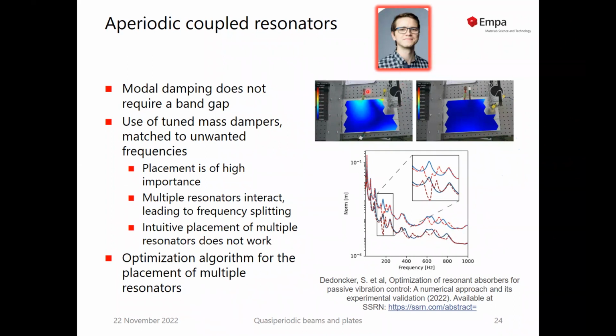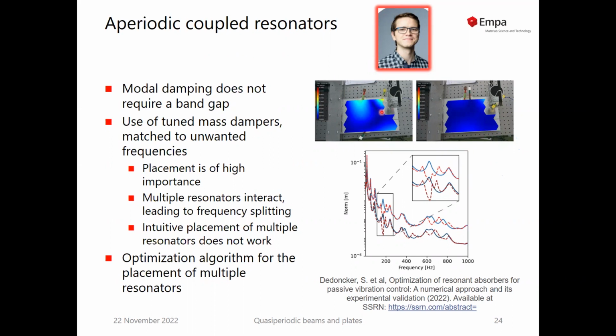What we can do is place mechanical resonators, tuned mass dampers, to reduce the vibration of the entire plate. And what engineers know everywhere is that the placement of these resonators is extremely critical. The thing is, they might be closer than half a wavelength apart. And that means that these resonators are not independent anymore, but that they start interacting with each other.